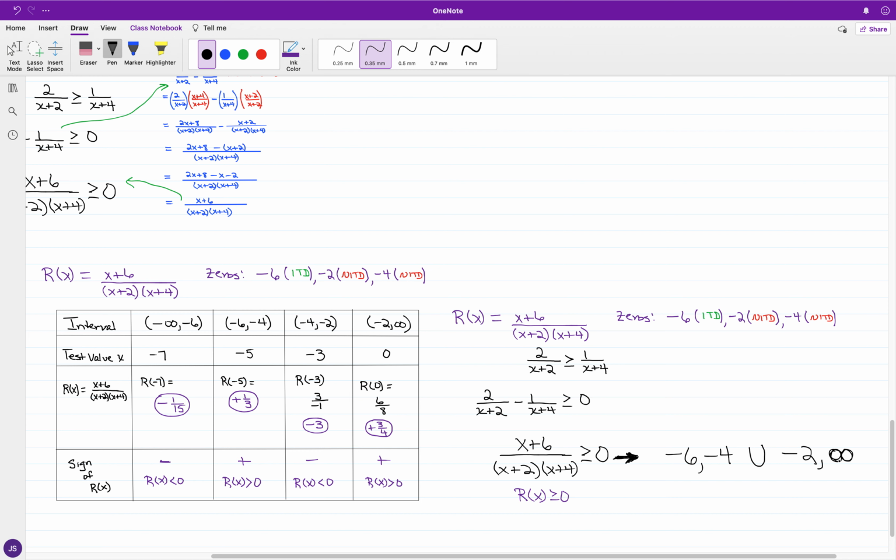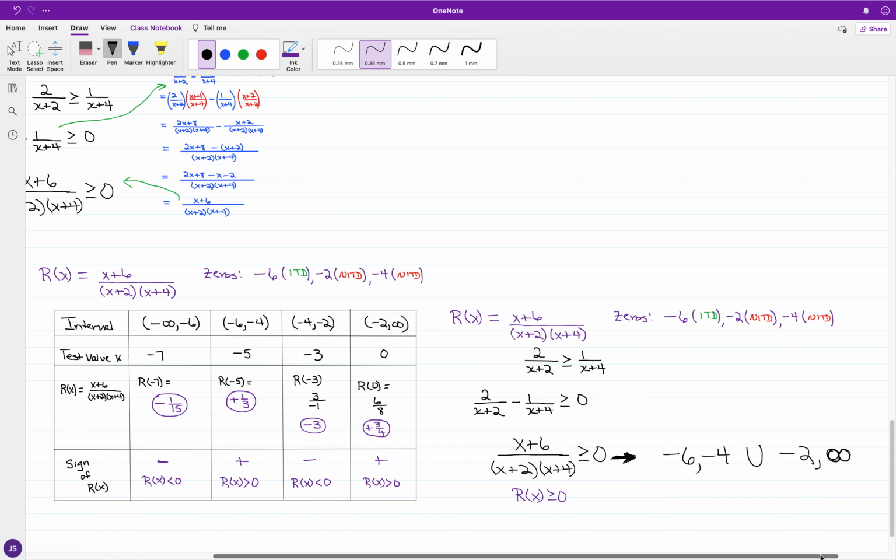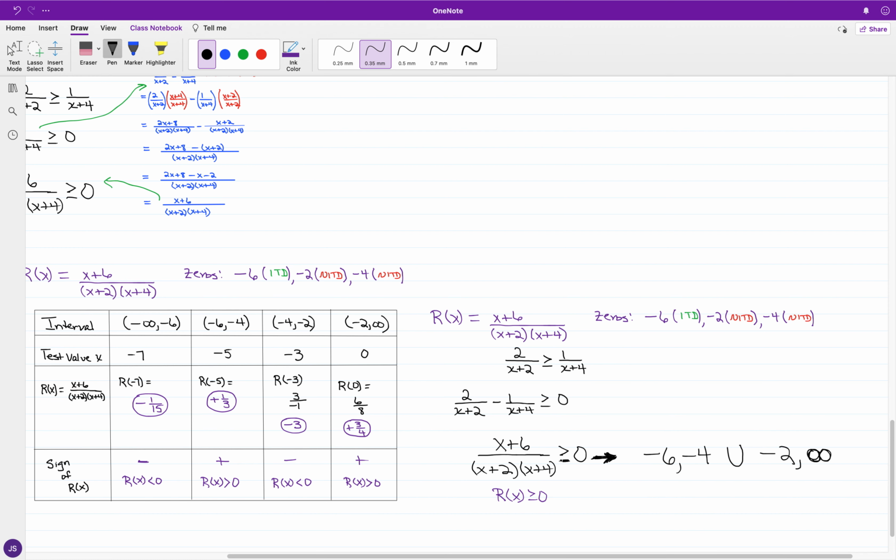And just for the enclosure, now we have the equal sign, so we're looking to see if any brackets are going to be applied. Infinities are balanced once again, so you have a parenthesis around infinity. Now -6 is in the domain, so that creates an equal to 0 situation, so this is going to be in the bracket.